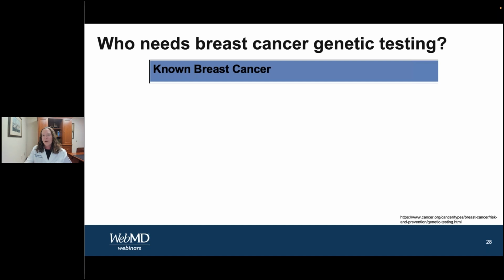So next, you might wonder, those are all the genes that are associated with breast cancer. How do I know if I need to undergo genetic testing? Well, the first thing to ask is whether you have a known breast cancer. So for example, if you were just diagnosed with breast cancer, when might your provider recommend genetic testing for you?